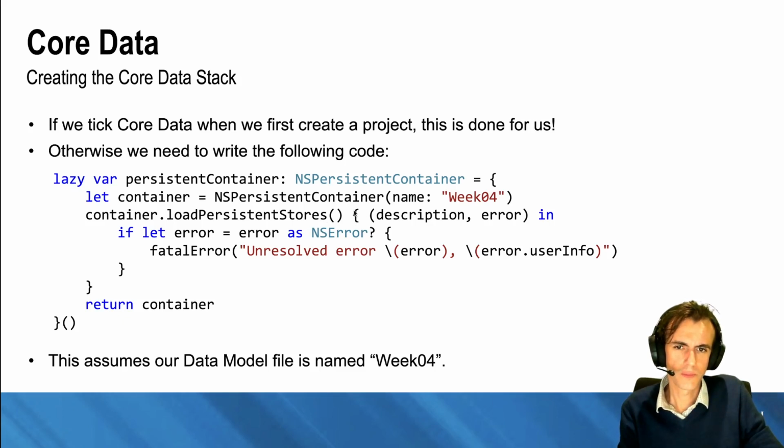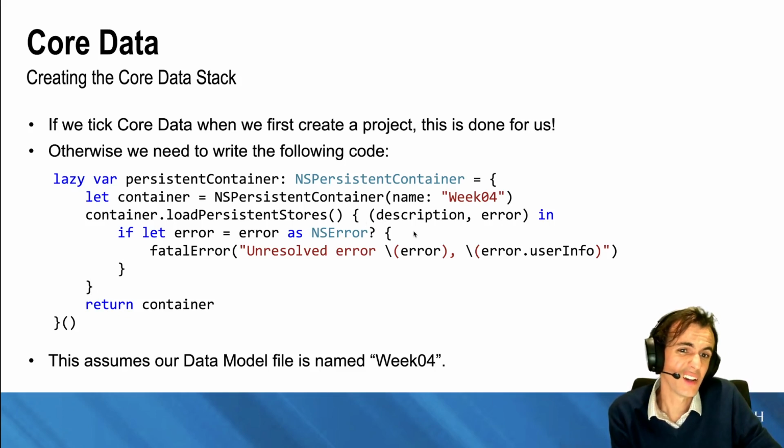So this part from the swirly brace here down to this point here is the completion handler. And the completion handler is like a function, if you like, but it's just written in place here. It's got two parameters, a description and an error. And then the body of it is everything after the in keyword down to here.